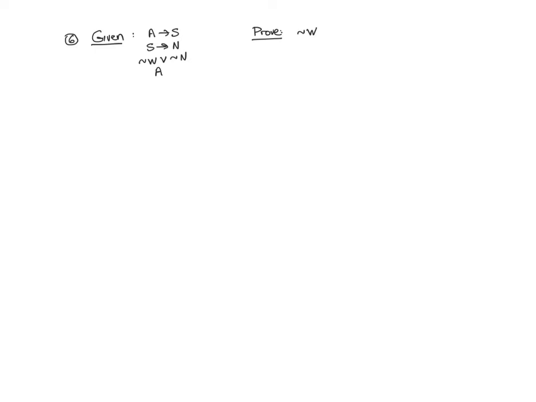Sometimes it's better to kind of take a look at the statements and see which ones you could put together automatically. And notice that what we can do is looking at the first 2 statements, we can use the law of syllogism. So let's take a look at that. Let's start writing it up.